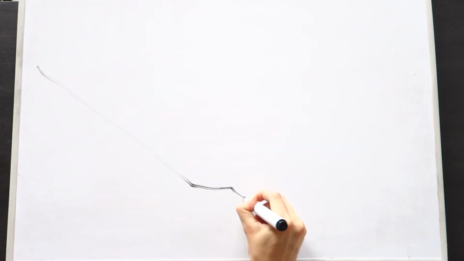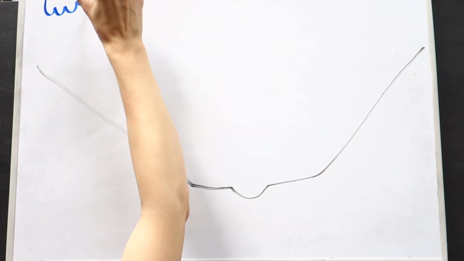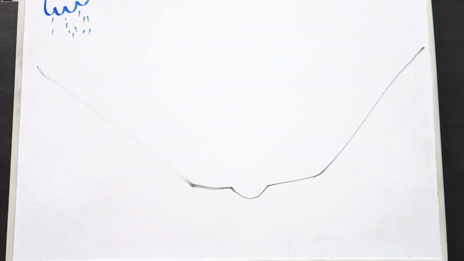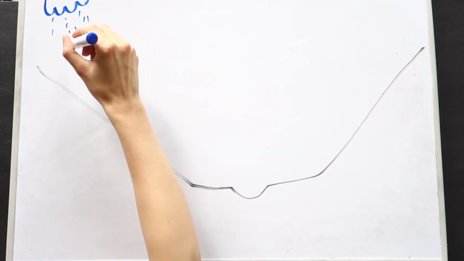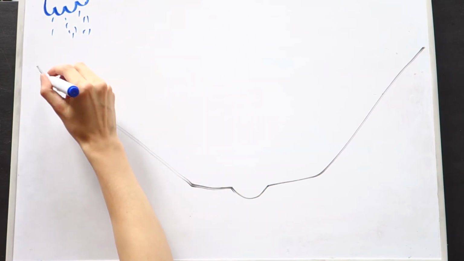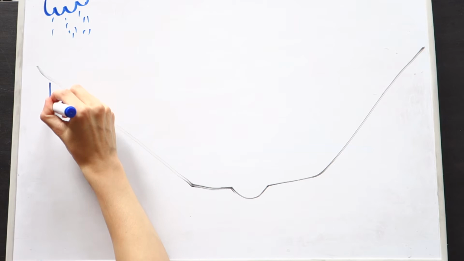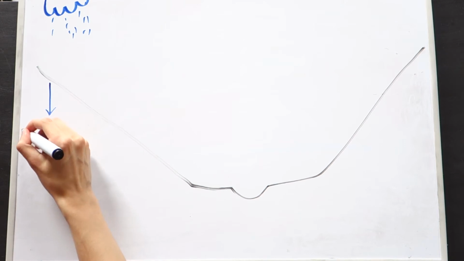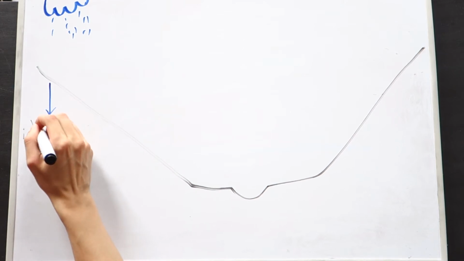Here is our river valley. If there is a lot of precipitation, a high volume of precipitation, that precipitation is going to fall onto the land. Some of that will flow into the soil. When water flows into the soil, it's called infiltration.